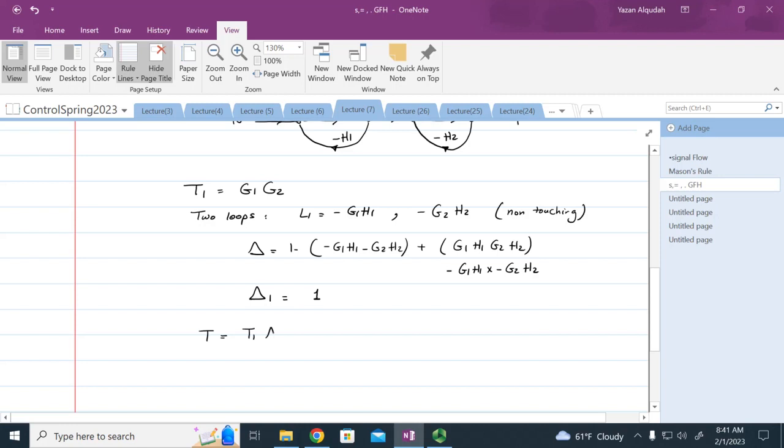It's going to be T1 multiplied by delta 1 divided by delta, which is going to equal T1, which is equal to G1 G2, multiplied by delta 1, which is 1, divided by delta, which is going to equal 1 plus G1 H1 plus G2 H2 plus G1 H1 G2 H2.